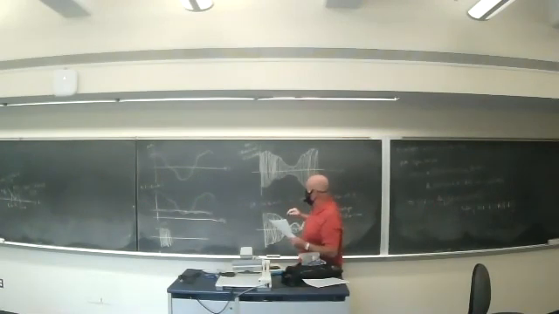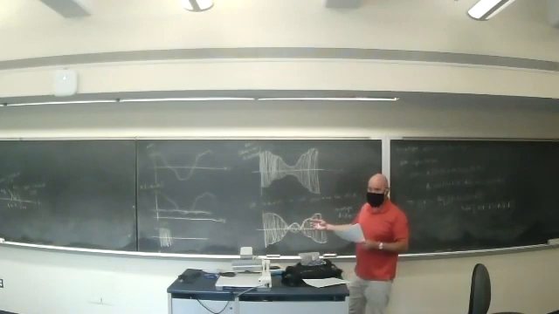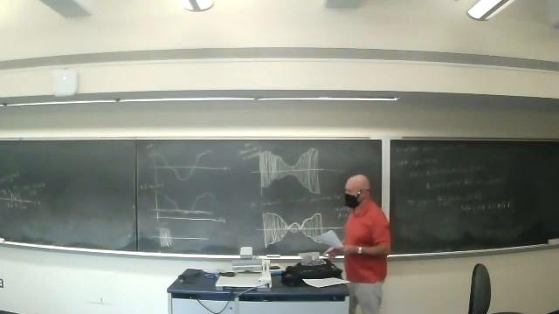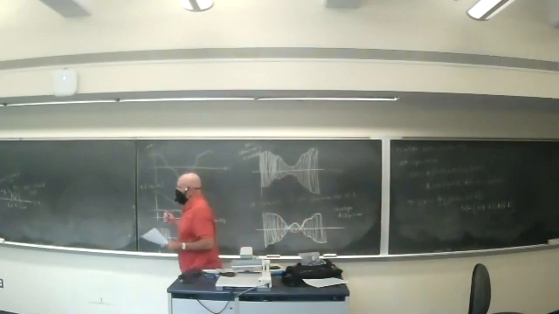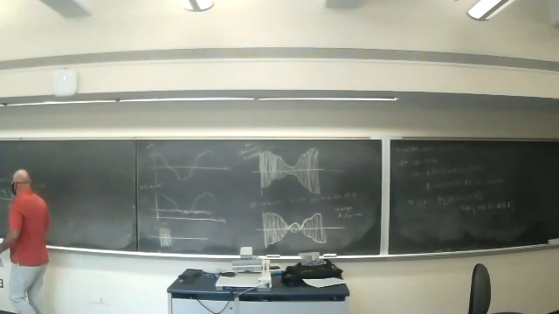Without that DC shift, I get this envelope distortion. I can't use an envelope detector to recover my message. There is a way to recover the message from this, but I can't use an envelope detector. I have to use a more sophisticated receiver. Okay, so this is the basic picture.